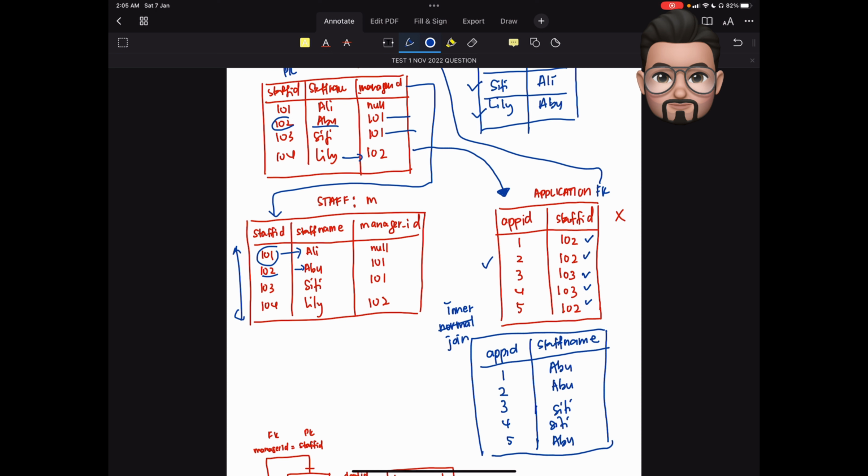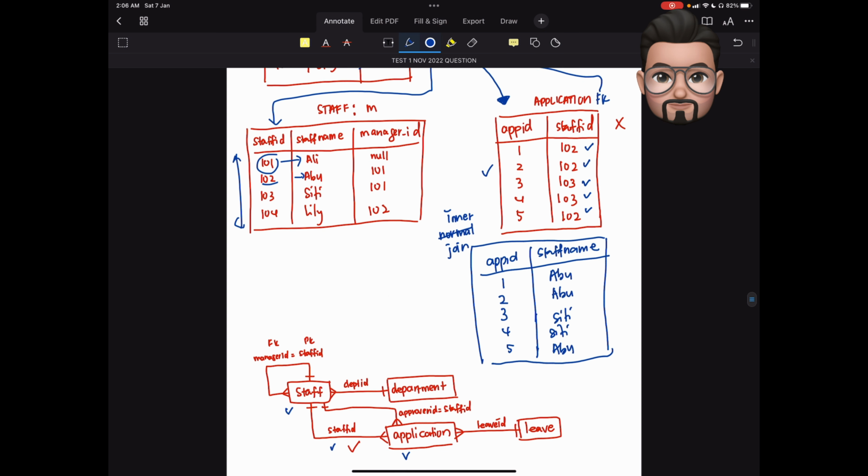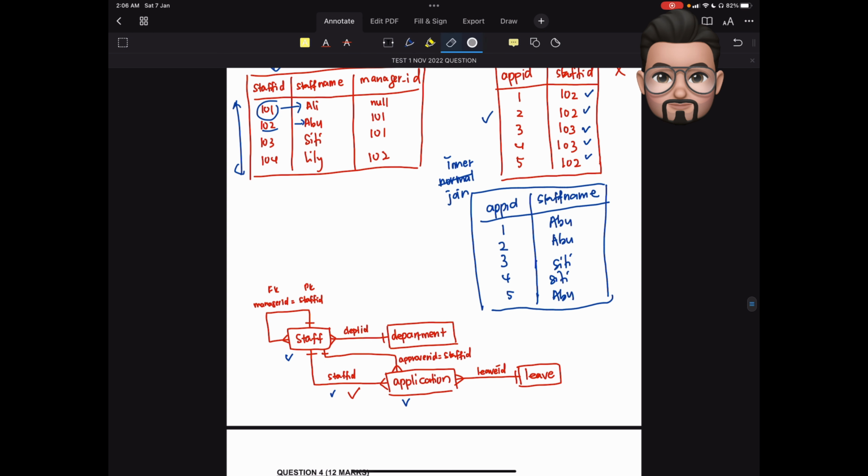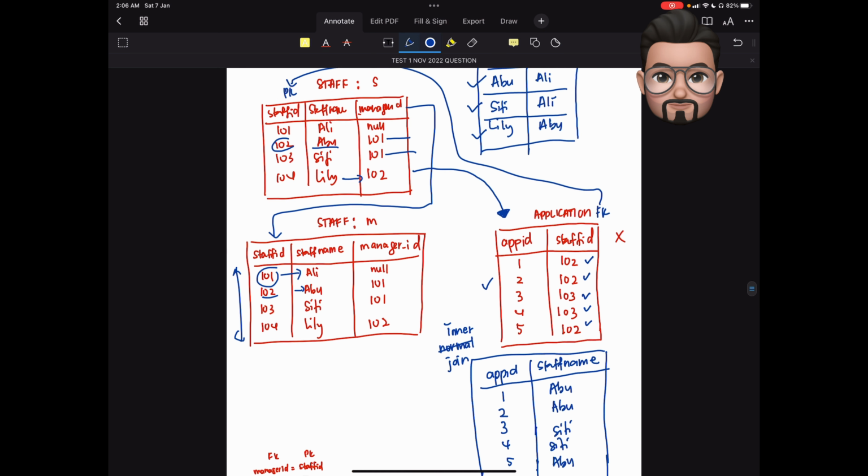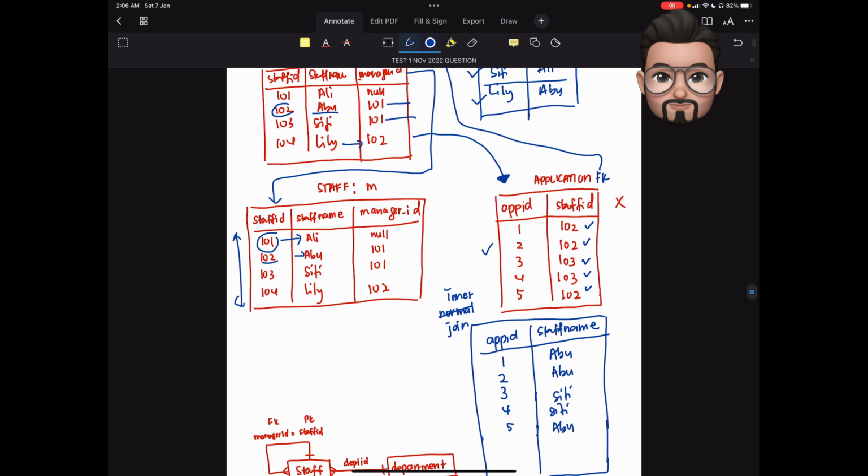But what if I want to display all the staff regardless of whether they have made an application or not? By right, we already have Abu and Siti, but who is not yet inside? Ali and Lily.